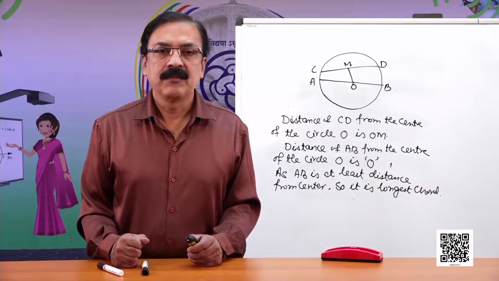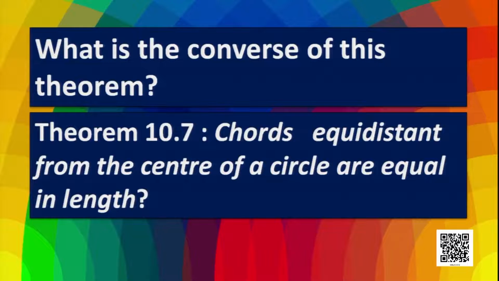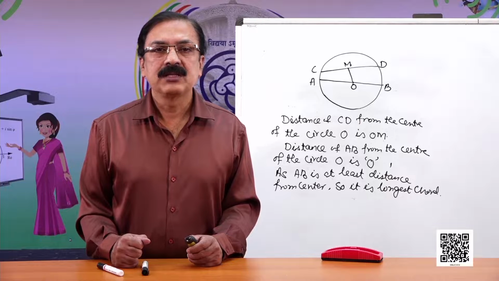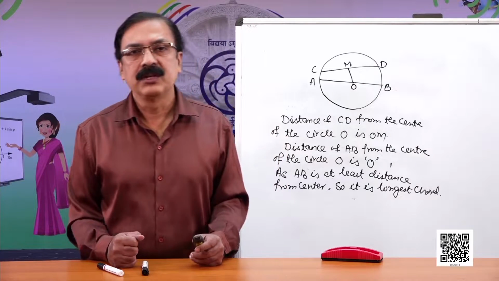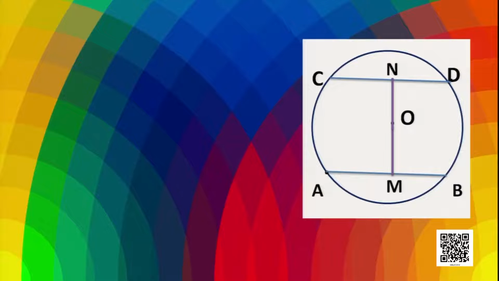Then what is the converse of this theorem? The converse of this theorem states: chords equidistant from the center of a circle are equal in length. Okay, so the figure is just the same as we discussed previously. Here AB and CD are two chords given, and their perpendicular distances OM and ON are given.